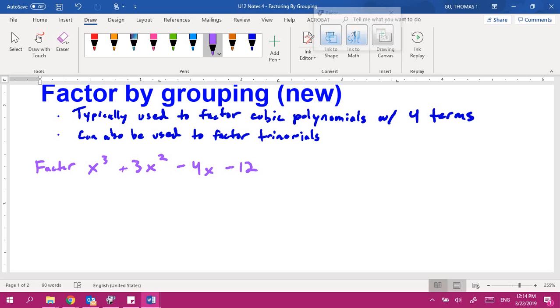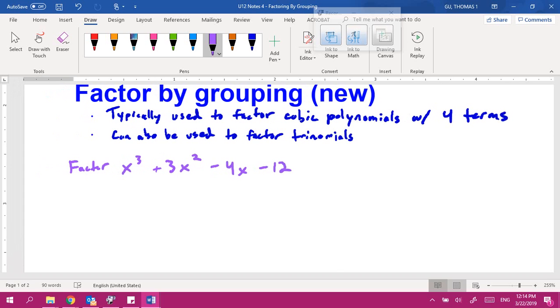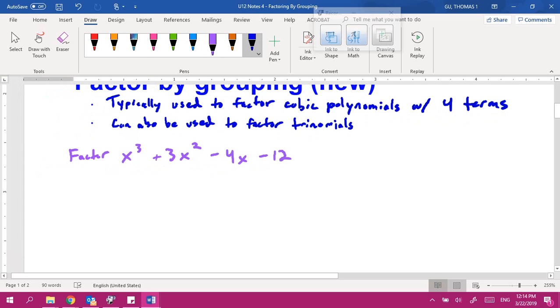So how do you factor such an expression like this? It starts with cubic. You see it's x cubed, and there's 4 whole terms. So this is when we use grouping. The first step is you're going to group the terms. In our case, we're going to group them into 2 pairs. So how do we group them? We just put parentheses around our terms.